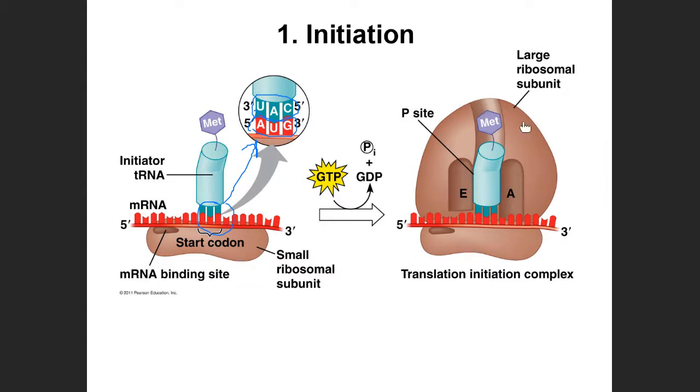Third, the large ribosomal subunit will attach to the small ribosomal subunit, resulting in the mRNA start codon and first tRNA positioned in the P site of the ribosome.